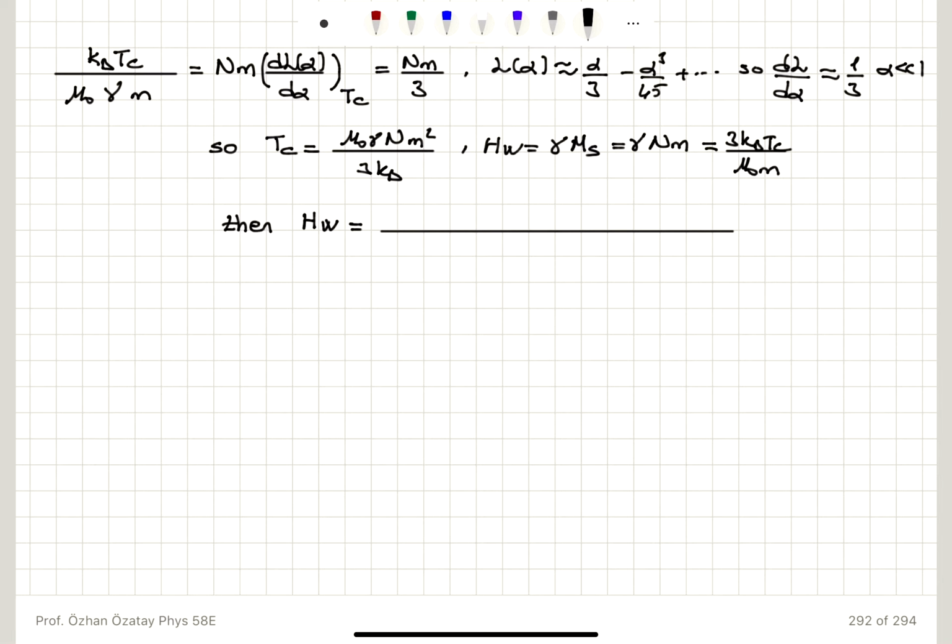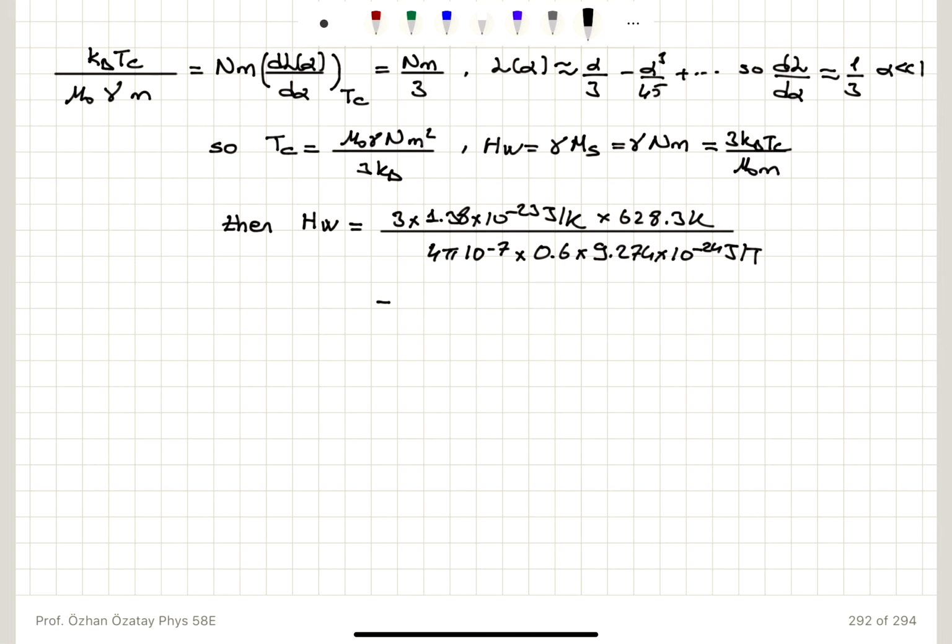3 times the Boltzmann constant, 1.38 times 10 to the minus 23 joules per Kelvin, times 628.3 Kelvin, our Curie temperature, divided by mu0, 4 pi times 10 to the minus 7, times our magnetic moment, 0.6 Bohr magneton, 9.274 times 10 to the minus 24 joules per Tesla.